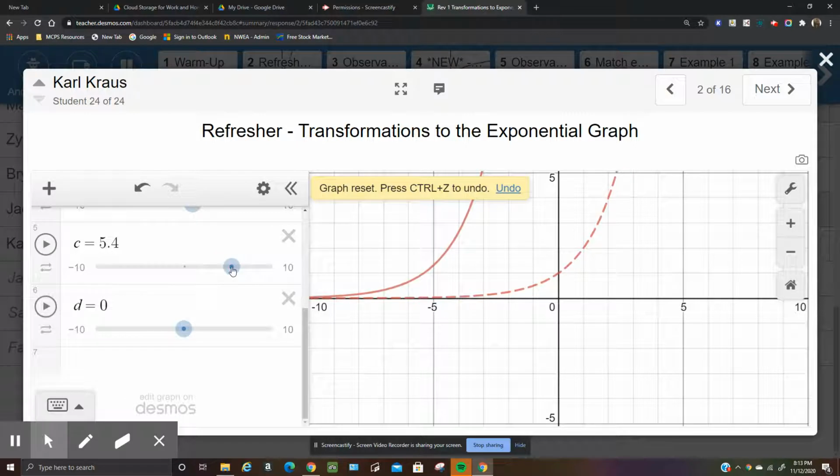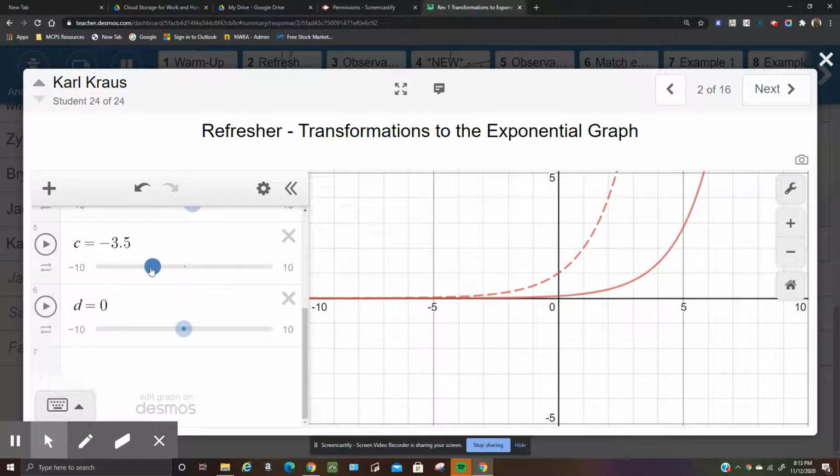And then c, that's just left or right. And then d is up and down.